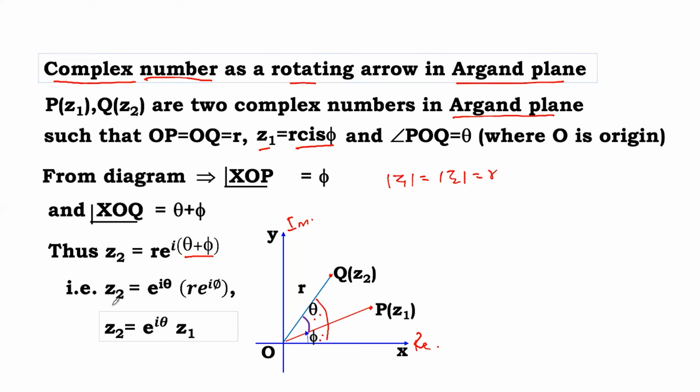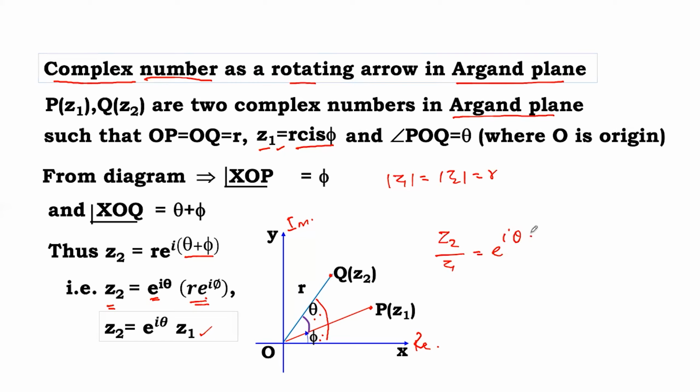Z2 we can distribute in two parts: one is e to the power I theta and second is R into e to the power I phi, and we have already seen this is nothing but Z1. So Z2 is equal to Z1 e to the power I theta, or I can say Z2 by Z1 is equal to e to the power I theta.